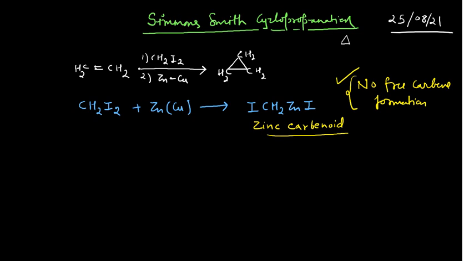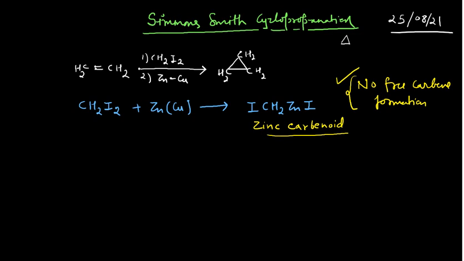And you know in organic reactions, whenever you have parallel reactions or side reactions, these side reactions or byproducts decrease the yield of the desired compound. But this problem is not there in the case of zinc carbenoid, a system which is equivalent to a carbene in reactivity, but as such no free carbene formation takes place. So this is advantageous for us.